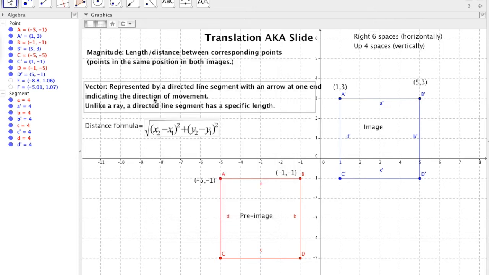So in order for me to be able to finish off what I need to know about this vector, the distance that I translated each of these points, I need to use this distance formula. So basically I need to know the distance from this point over to that point. So what you would do is you would use the translated point as your x2, y2. Okay, so let's go ahead and write that in.